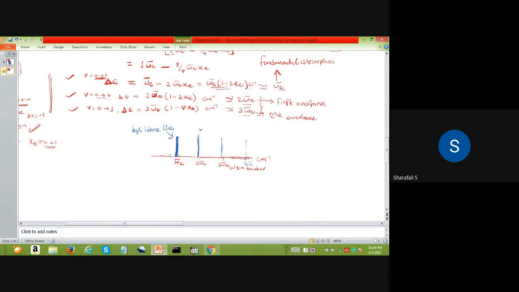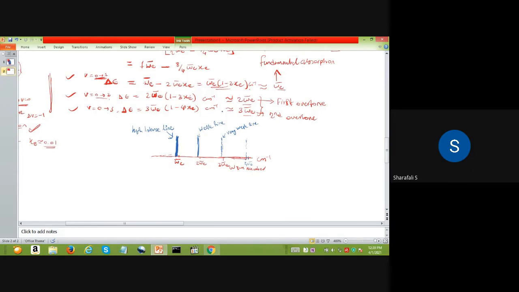Let's say this is the weak line, and this is very weak. So in each case, the intensity gets reduced. The 0 to 1 transition will have the most intense line. Then for 0 to 2, the intensity of that transition gets reduced.